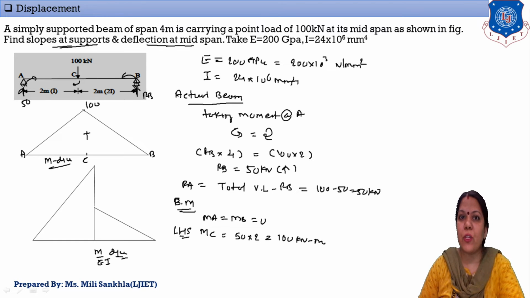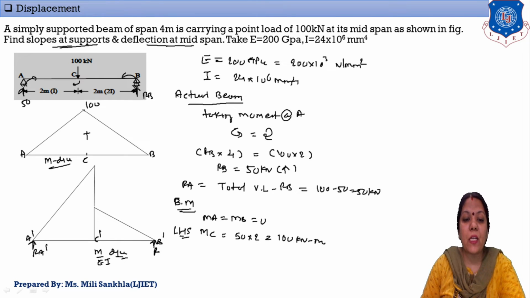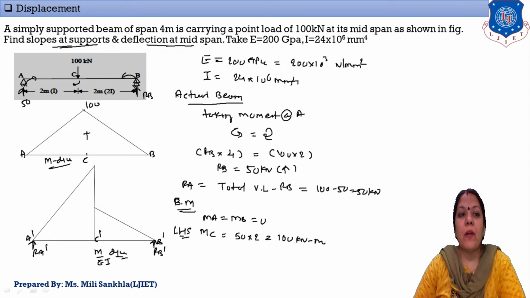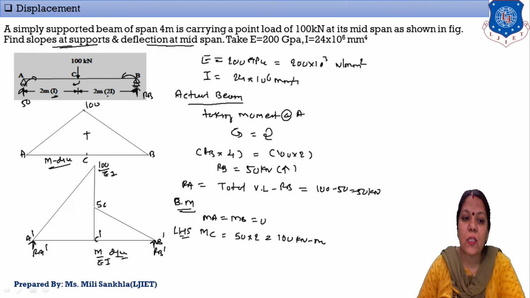Now one by one, first of all change the notation: A, here C dash, and here B dash, and we find out the new support reactions of the conjugate beam, and these support reactions are the slopes of the actual beam. Now from the left, span AC is I, so there is no need to convert, and on the right 2I is given, so we divide by 2 and convert into I. So at C point our moment is 100 by EI, and from the right hand side that is 2I, so divide 100 by 2I.